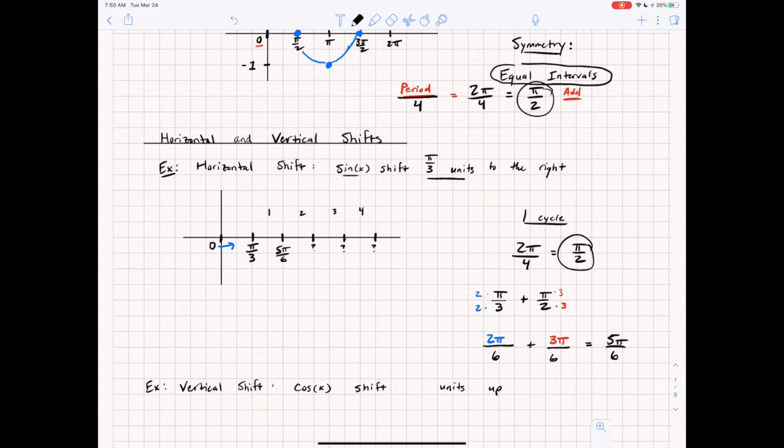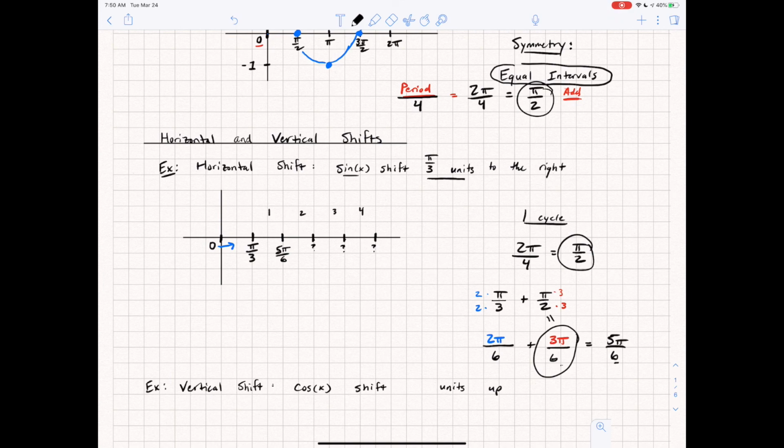Now, we generally only have to walk through this process once because, again, if I'm going to get to the next dash mark, I'm going to add another pi over 2. But because, again, we need a common denominator, I'm not really going to add pi over 2. I'm going to add 3 pi over 6 because that's its equivalent. And because this denominator is already over 6, this is now the same.